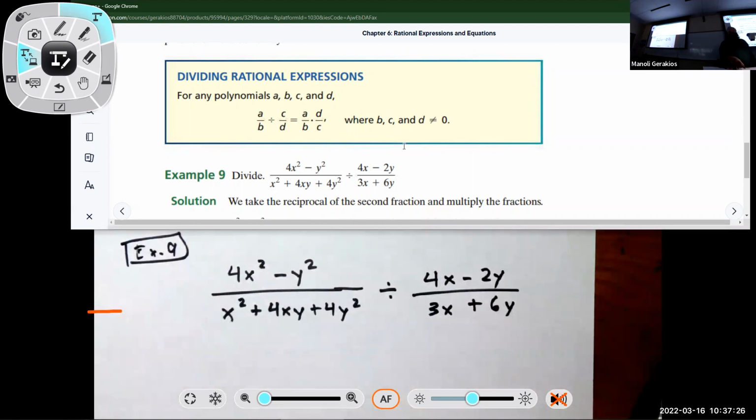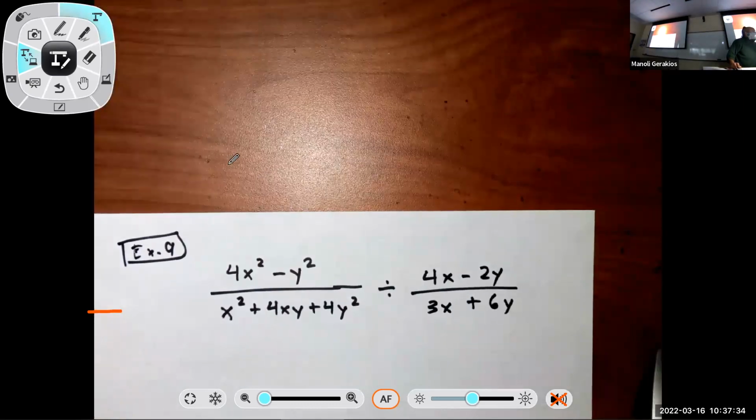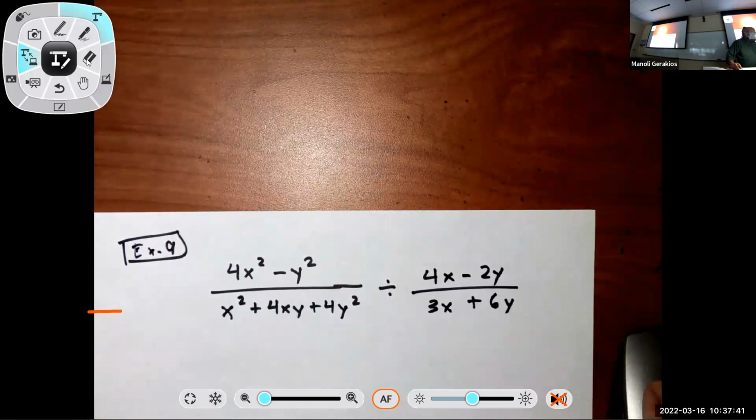4x squared minus y squared over x squared plus 4xy plus 4y squared divided by 4x minus 2y over 3x plus 6y. As we talked about a lot in class, please definitely check what you've written down before you proceed on a problem like this, because it's painful to have to do this much work twice.